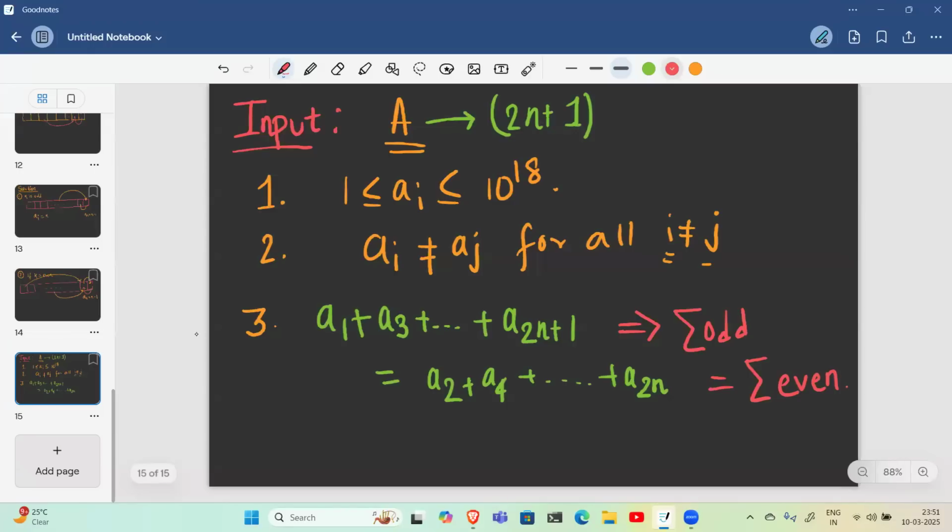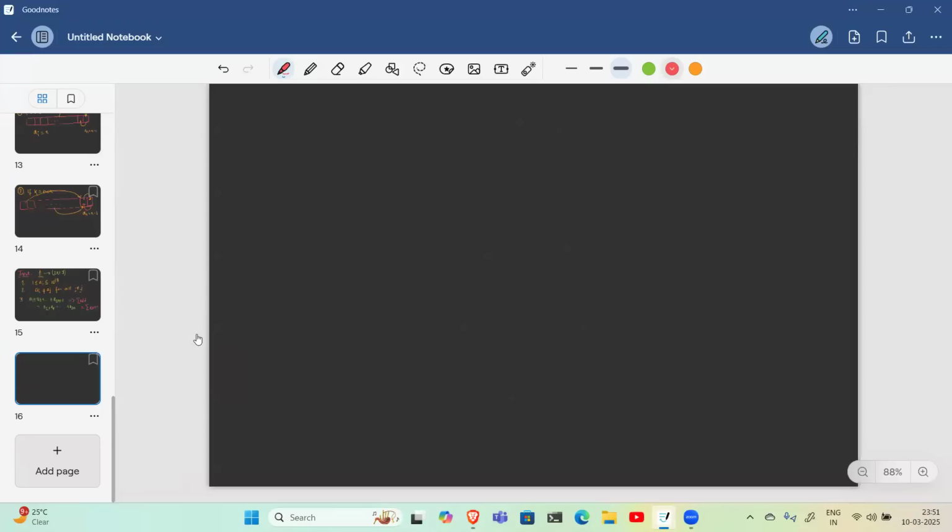So you had an array A, but the question says that you have lost this array A. Basically, you need to finally print this array A. So how can we recover this array A? The question says that you are given an array B of length 2n.